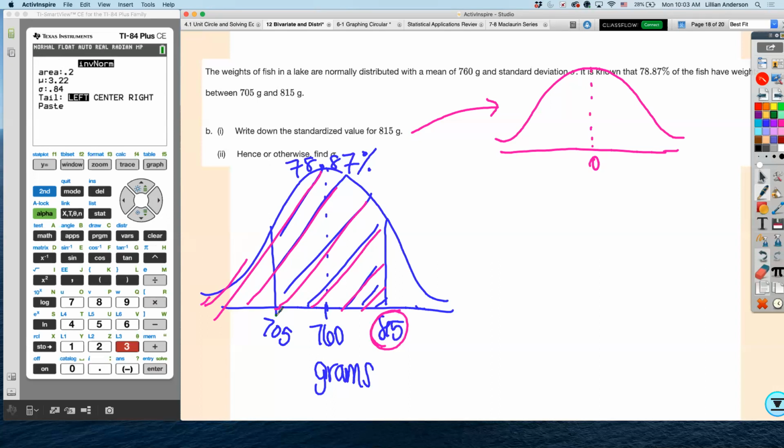If both of these are the same distance away from the mean, how can I figure out this last little bit of area right here, or essentially the whole area? And how did you get that?